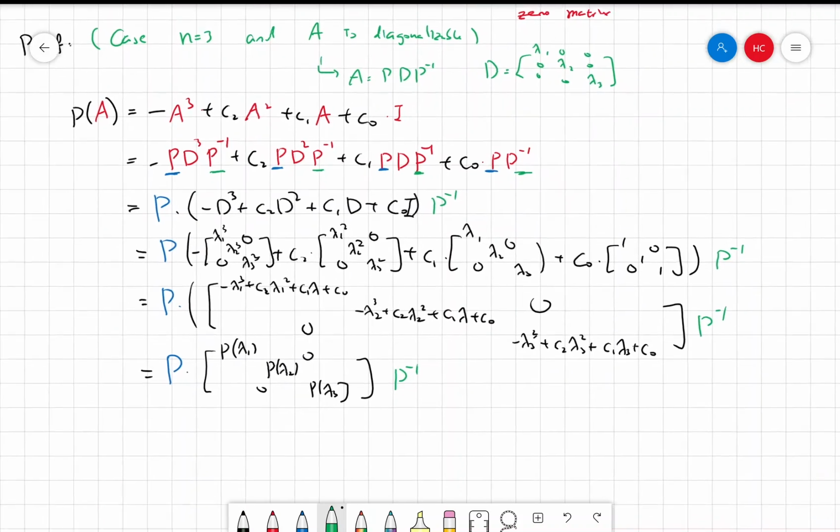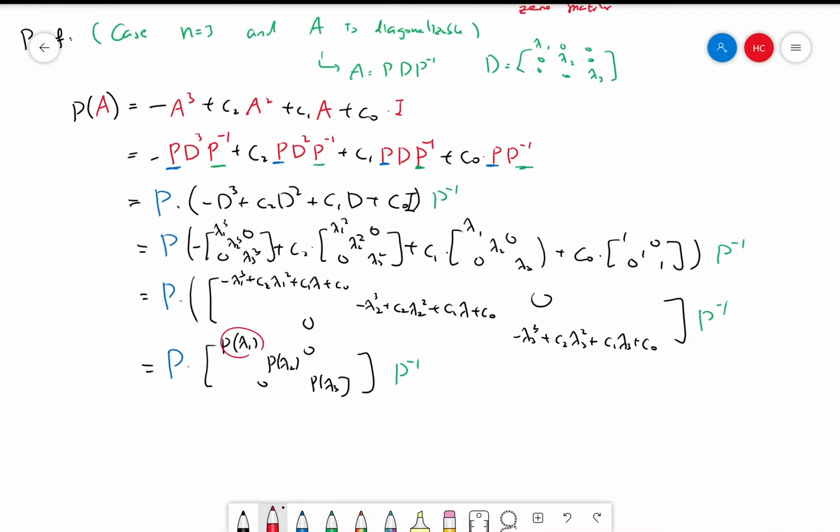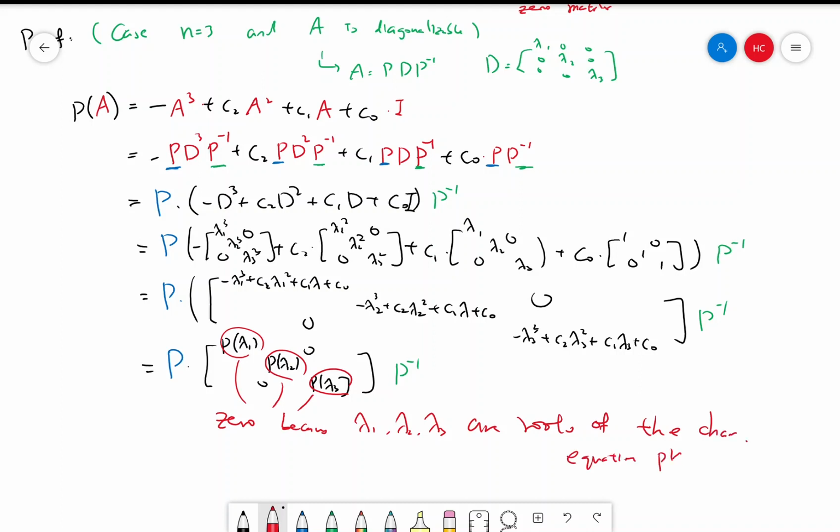But these are all 0, because lambda 1, lambda 2, lambda 3 are roots of the characteristic equation P of lambda equal to 0. So all these diagonal entries are equal to 0. So this is equal to P times the 0 matrix times P inverse, which gives you 0. And this is our proof.